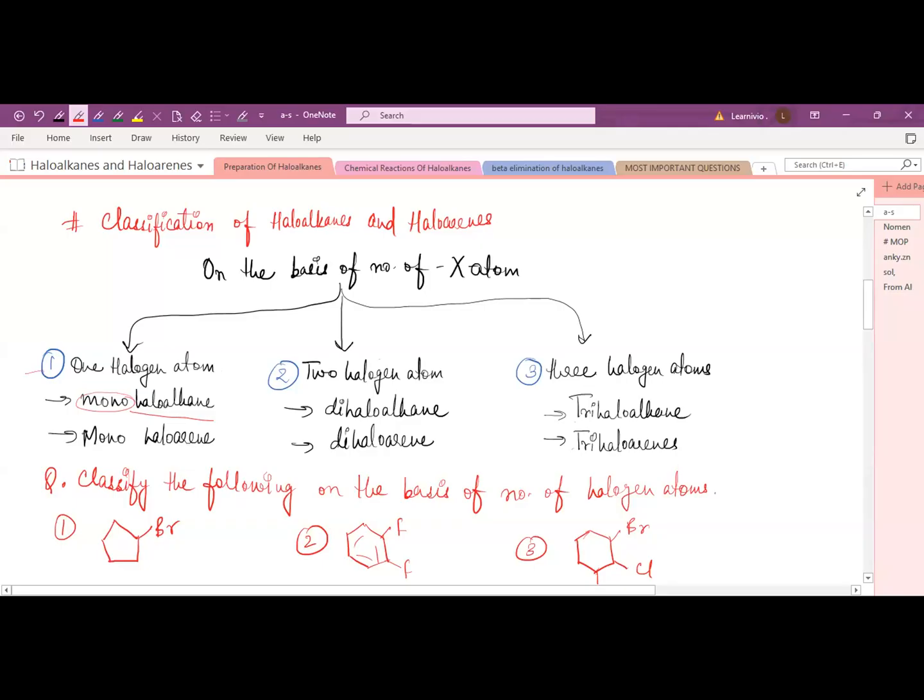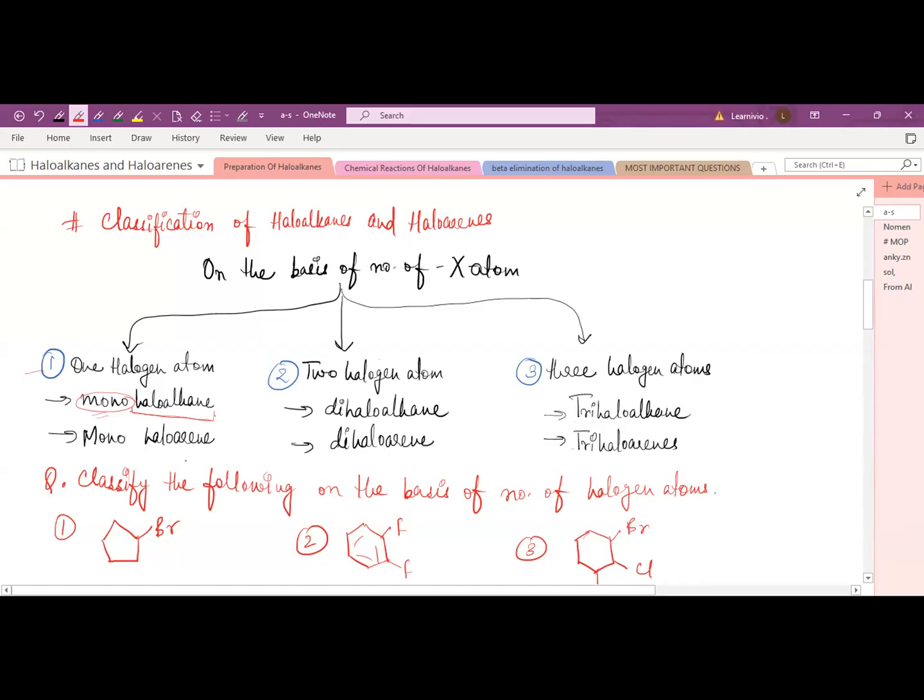For one, we use the word mono. Mono means one, di means two, tri means three. So if only one halogen group is attached to the alkane, we call it a monohaloalkane.